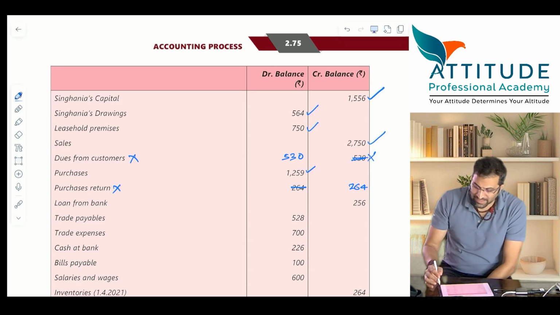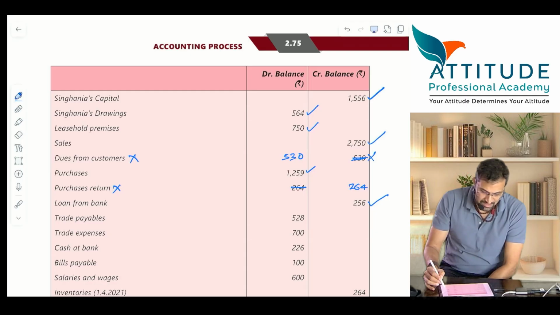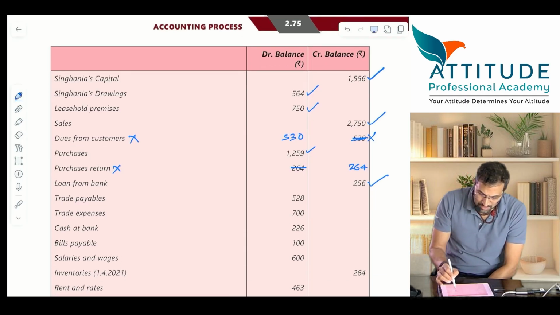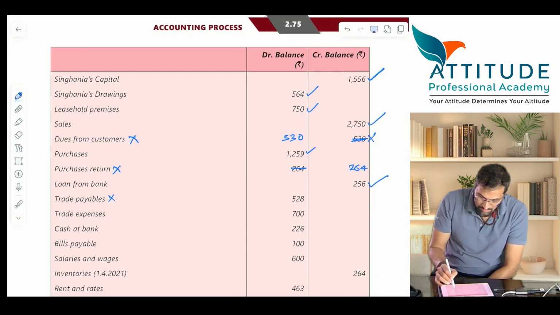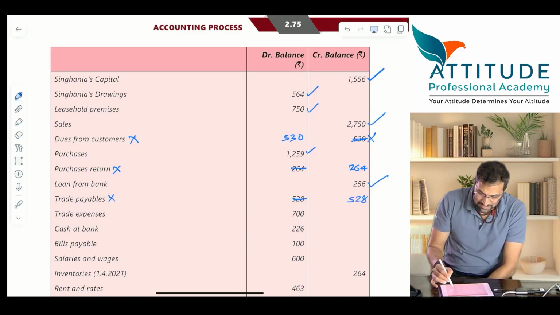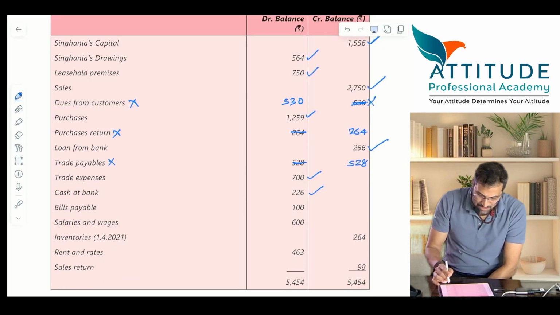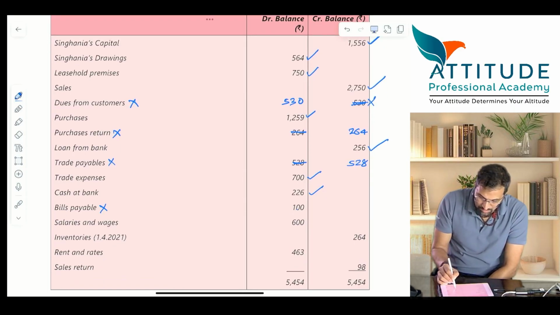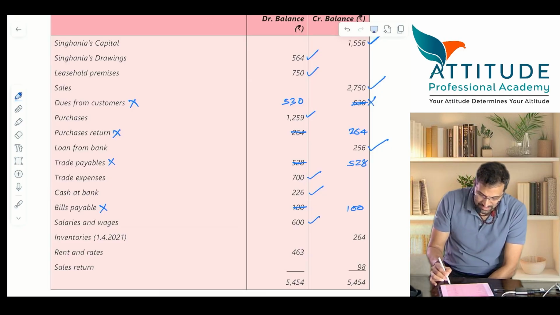Then loan from bank, it's a liability. Liability will always show what? Credit balance. Trade payables wrong. ये इधर आना चाहिए 528. Trade expenses correct. Cash at bank correct. Bills payable wrong. Credit balance. Salaries and wages correct.